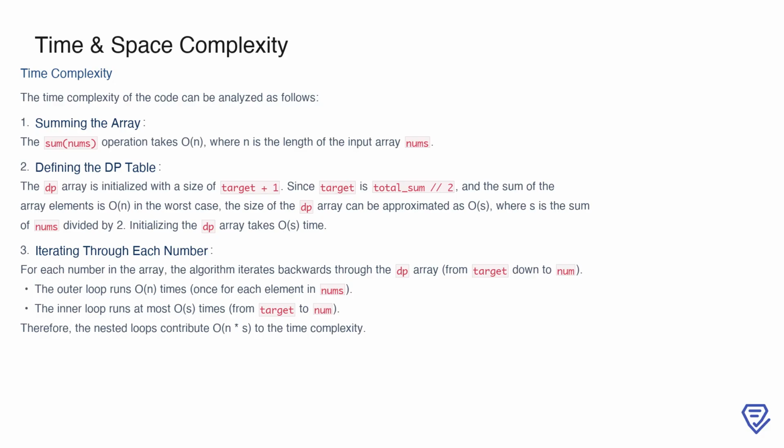Finally, we process the array elements. For each number in nums, the algorithm iterates backward through the dp array. This involves an outer loop that runs n times, once for each element in the array, and an inner loop that iterates at most O(s) times, from target down to the current number. Together, these nested loops contribute O(n*s) to the overall time complexity.